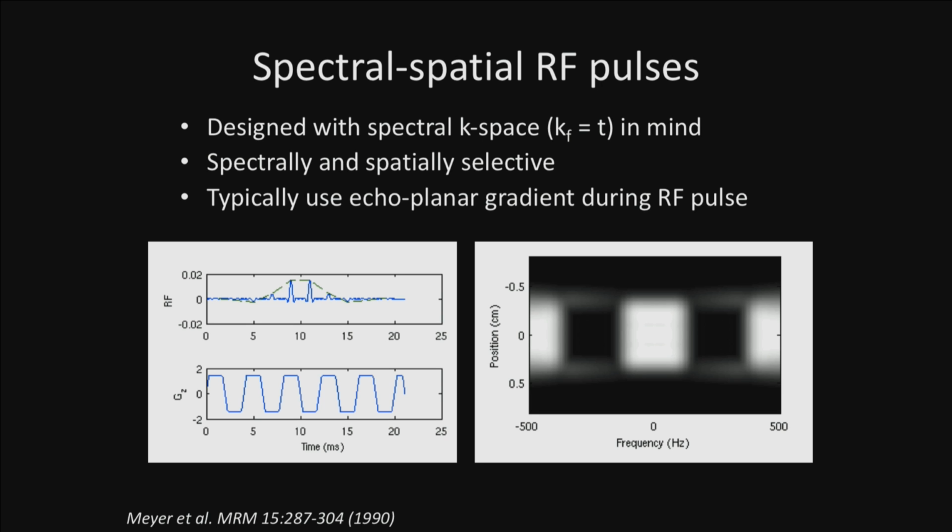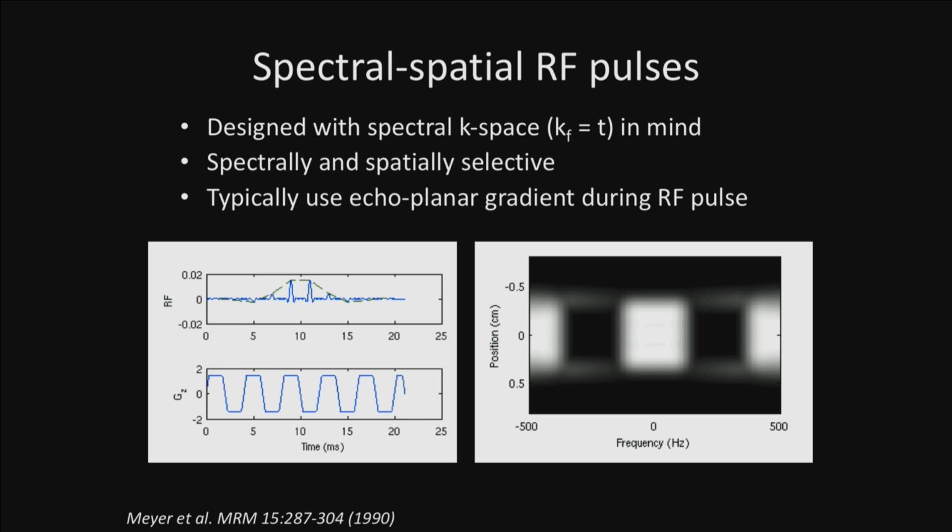So analogously to our spectroscopic imaging acquisition, where we want to encode both spectral and spatial information, going back to the RF pulse side, we want to be considering both the spectral and spatial components of our RF excitation. And we can look at this in some very similar ways to how we do spectroscopic imaging as well.